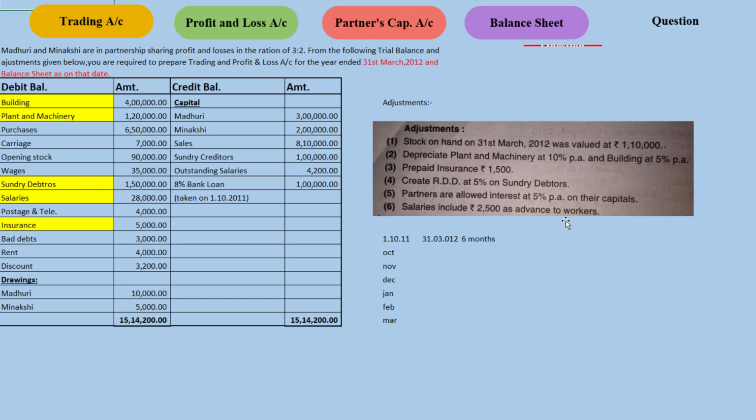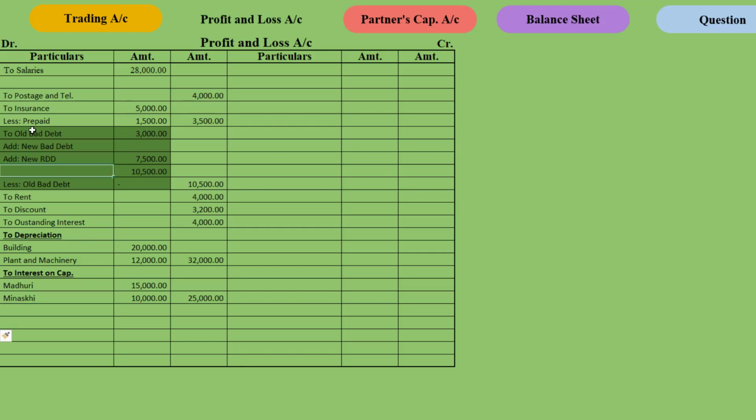Salaries includes 2,500 as advance to worker. Here is the salary. This is 2,500 is given advance. So deduct, because this is advance salary related to the next year, that has to be deducted, not to be shown in the current year. Here you can write prepaid, because advance is also known as prepaid, 2,500, then here 25,500.